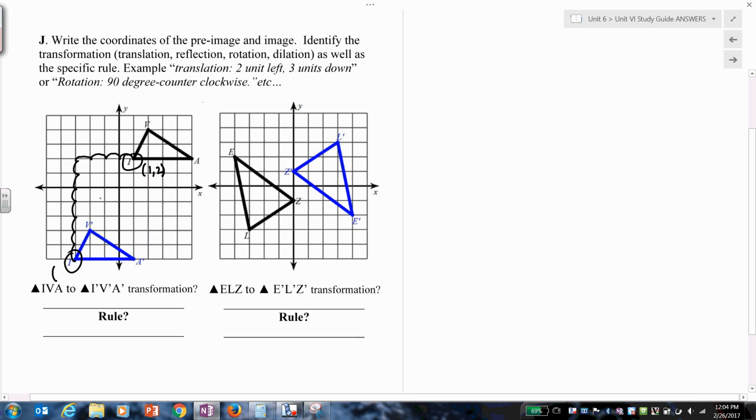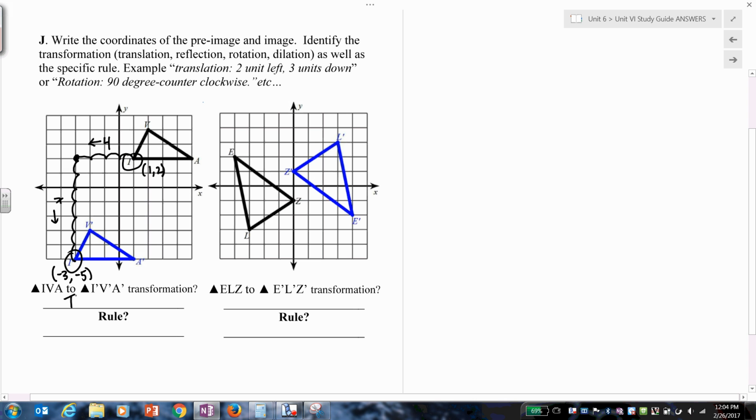Our new coordinate right here is -3, -5. Now, if you look very carefully, we see that we went 4 to the left, and we went 7 down. That is a translation.